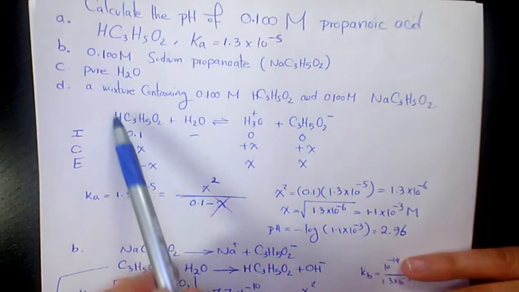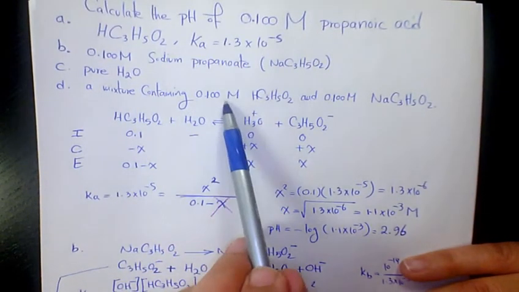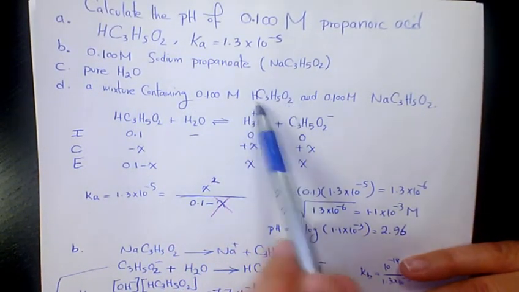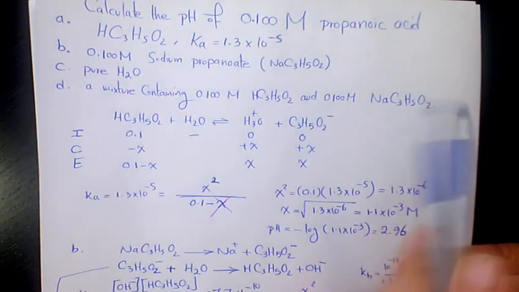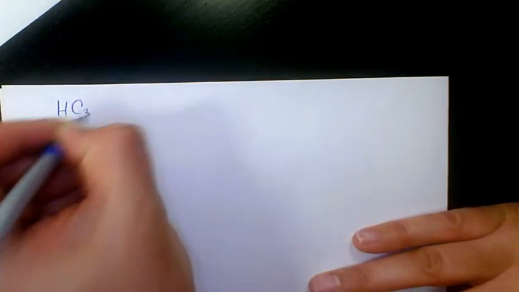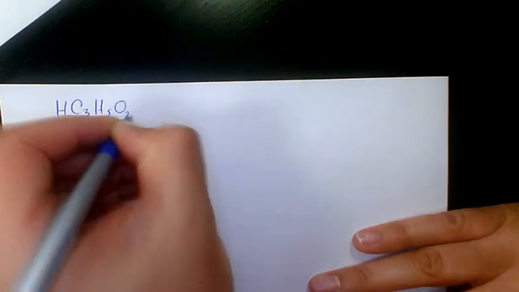Now let's do the last part, which is saying that a mixture containing 0.1 molar propanoic acid and 0.1 molar NaC3H5O2. I'm going to write it in here. So this is the acid, HC3H5O2, plus water.